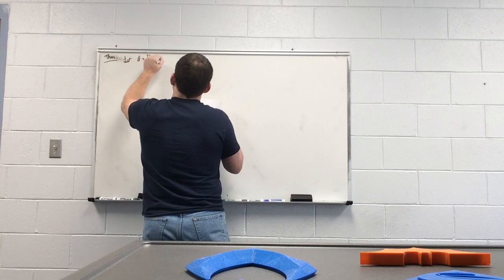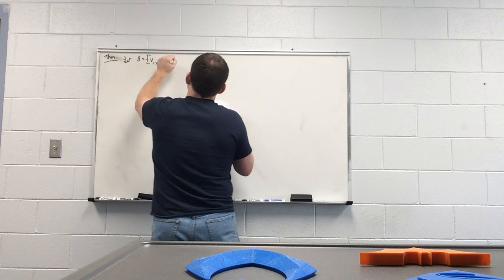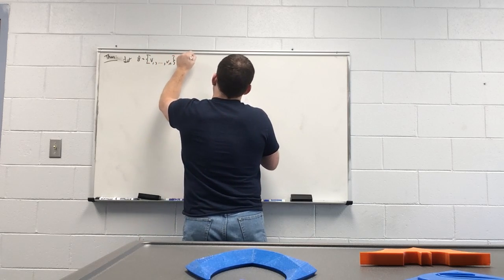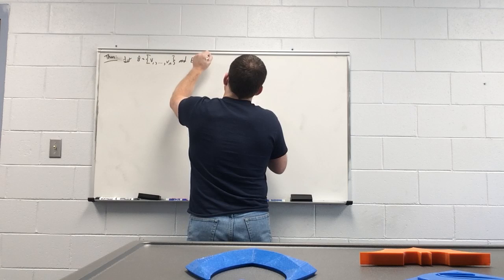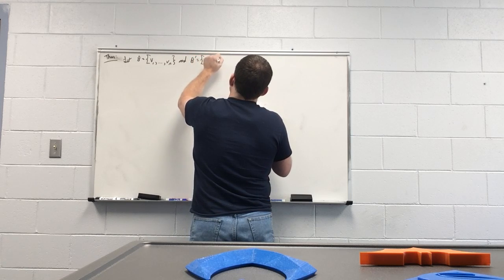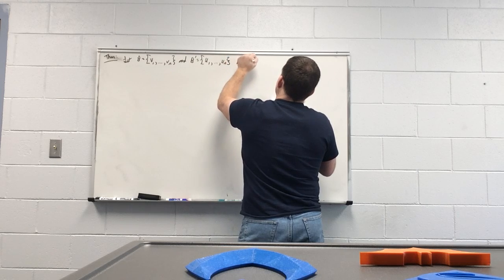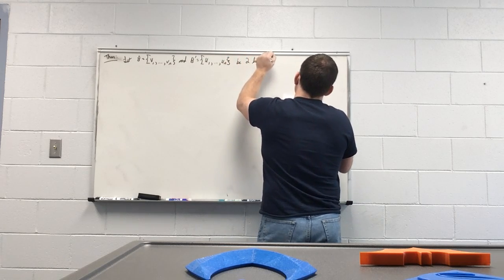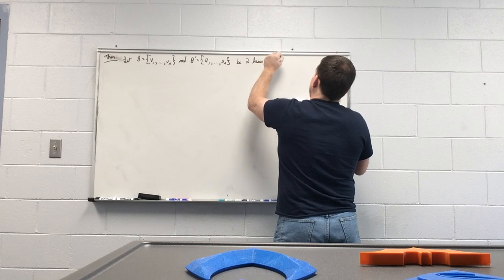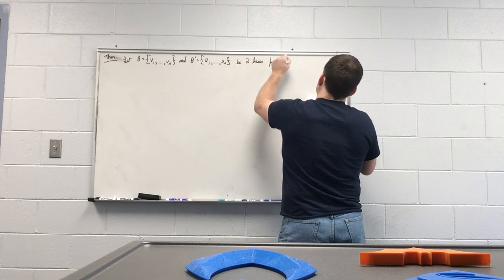Theorem. Let B equal V1 to Vn and B prime equal U1 to Un be two bases for Rn.